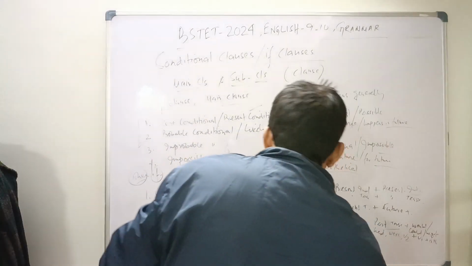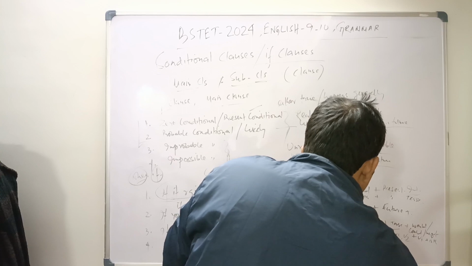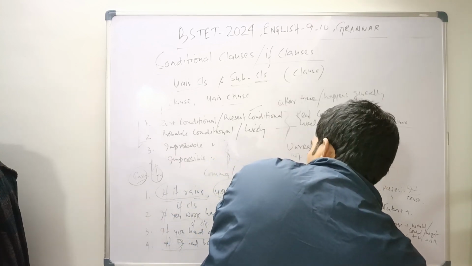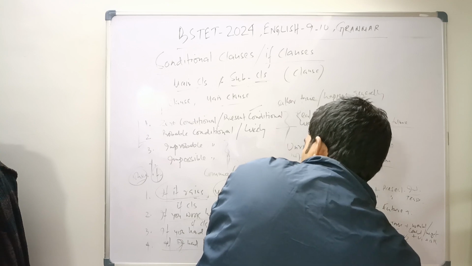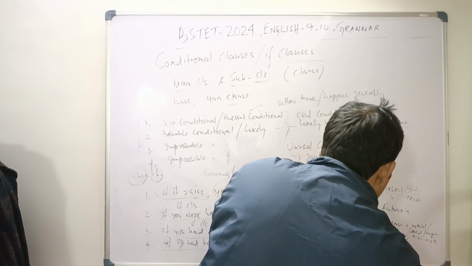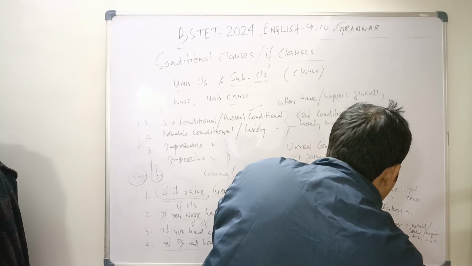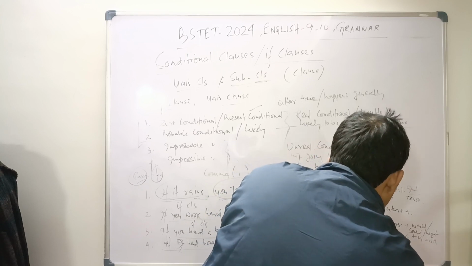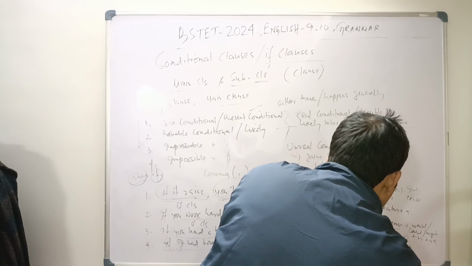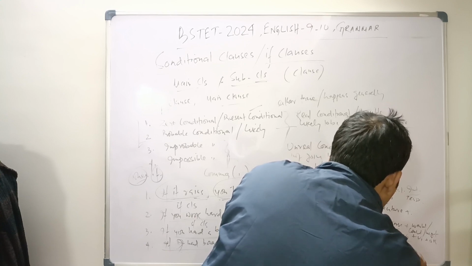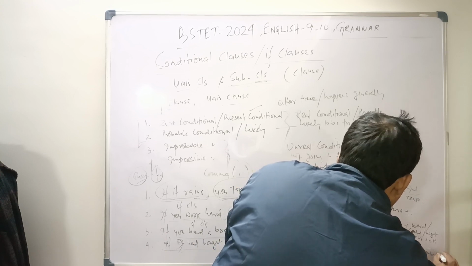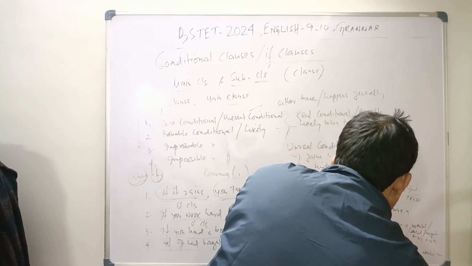So here the rule is followed. What is the rule followed? Past participle plus could have, might have, would have plus V3.